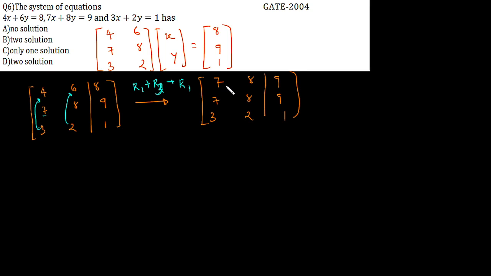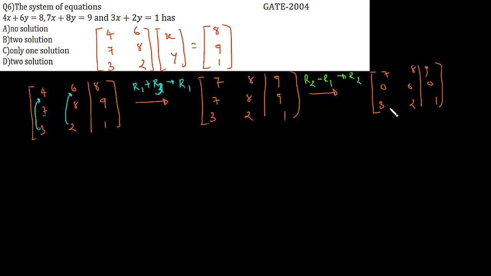Now you can see the first and the second row are exactly the same. We can apply one more row operation, which is R2 minus R1 as the new R2. After that the first row remains as it is, the second row reduces to 0 because it is identical to the first one, and the last one also remains as it is.